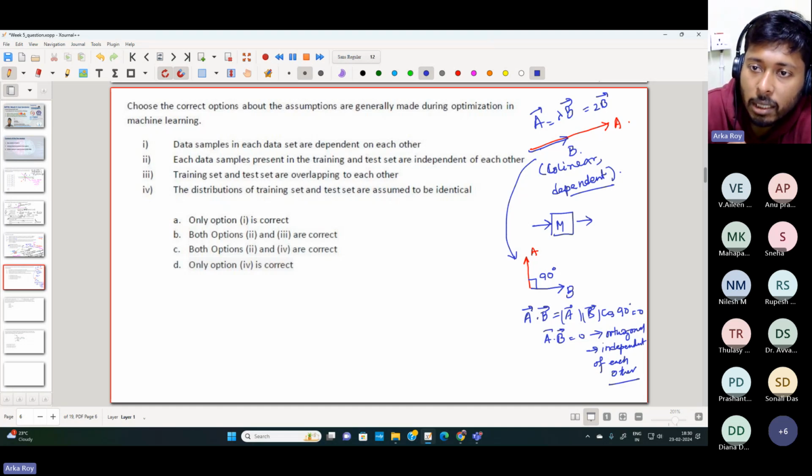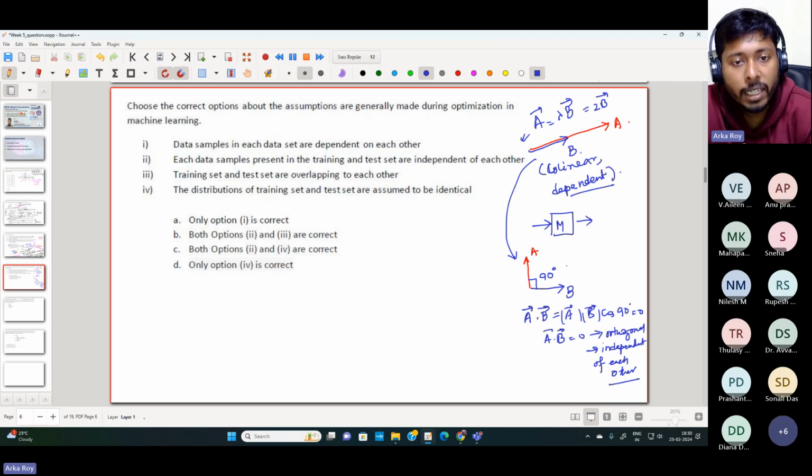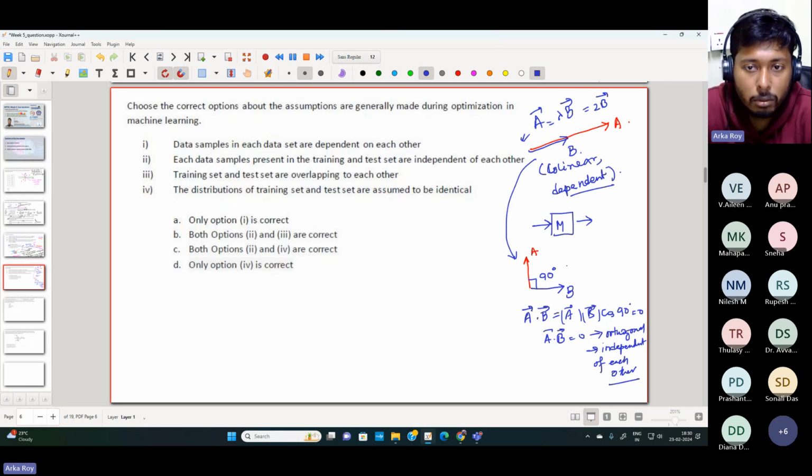However, in the first case, because there is a dependency, your model will have a hard time to distinguish which of the data belongs to class A or class B, because they look alike. However, in this case, A's direction is totally different than B. That means they have no dependency with each other, and which is why it will be very easy for the model to classify whether the data belongs to class A or class B.